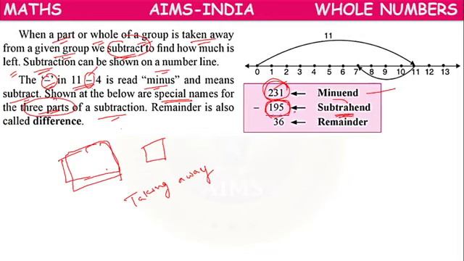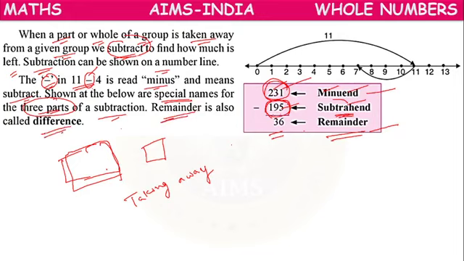After the subtraction, whatever remaining part is there is called the remainder. Like this, the whole part is the minuend, the part going to be subtracted is the subtrahend, and the result is the remainder. We have 3 parts in subtraction. Sometimes the remainder is also called the difference.